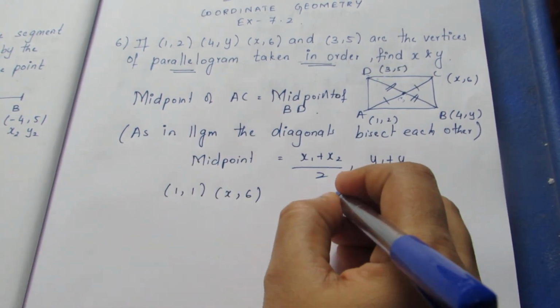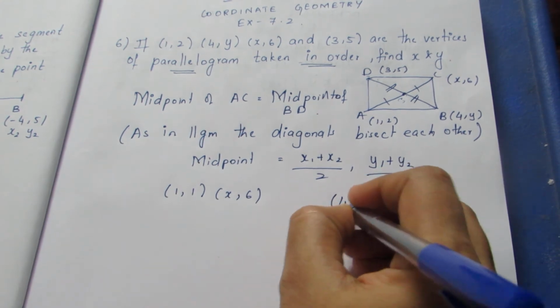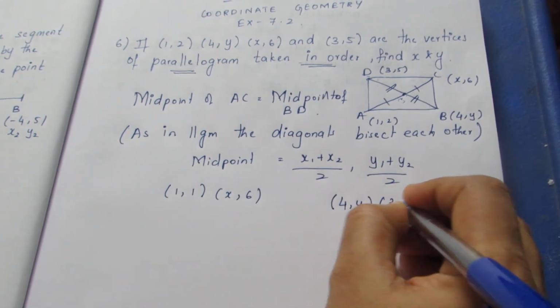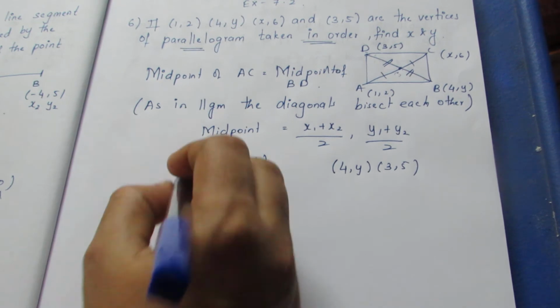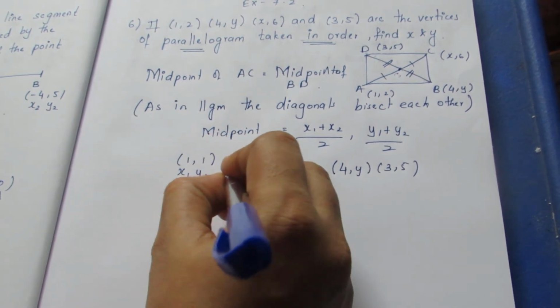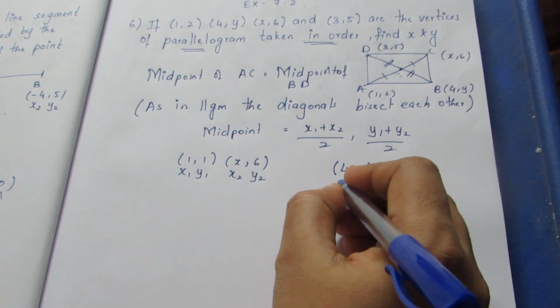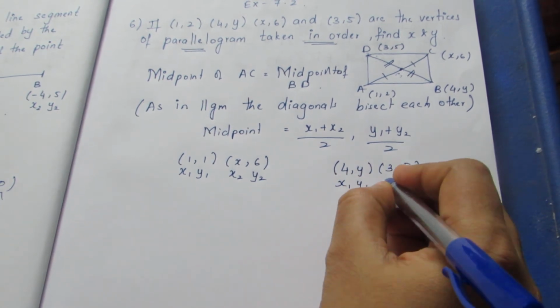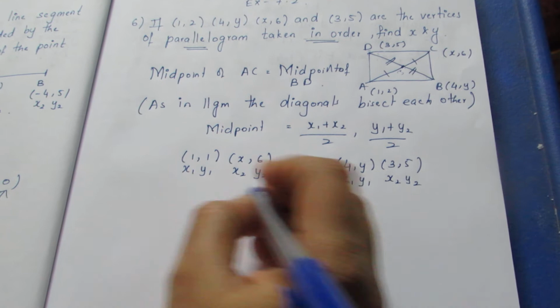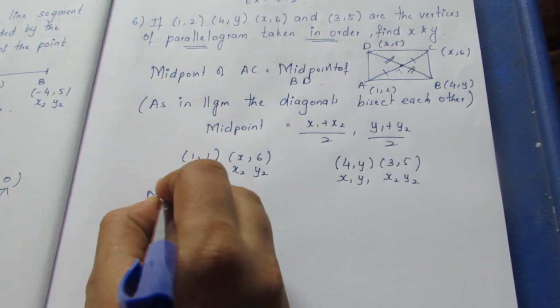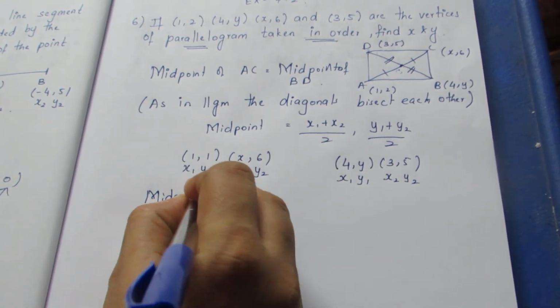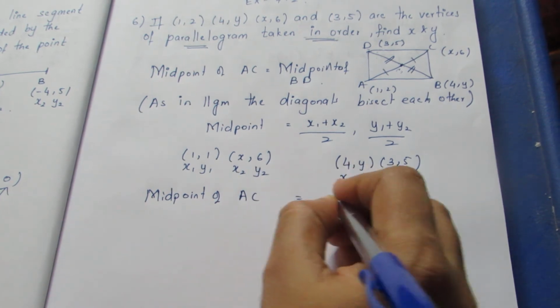For BD it is (4, y) and (3, 5). Take the first point as x1, y1 and the second as x2, y2, and substitute in the midpoint formula. Now we write midpoint of AC is equal to midpoint of BD.